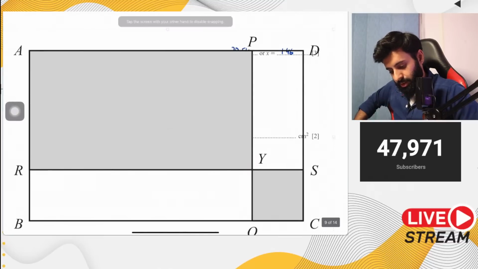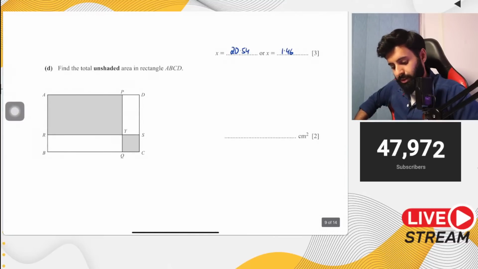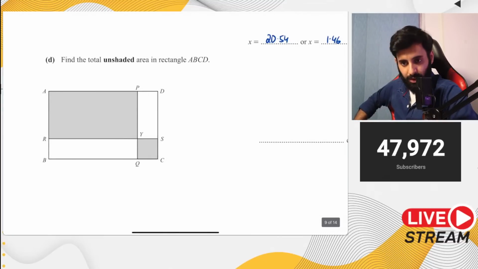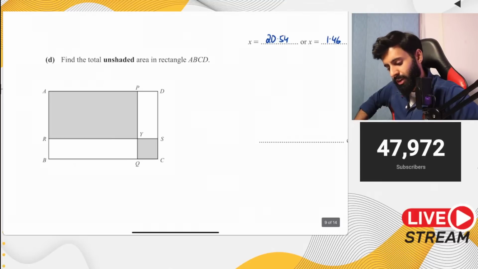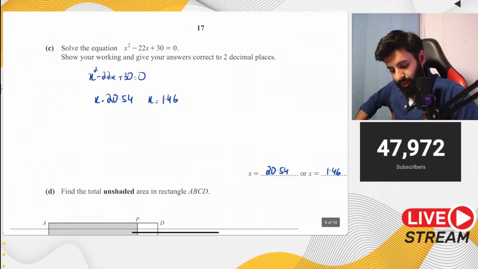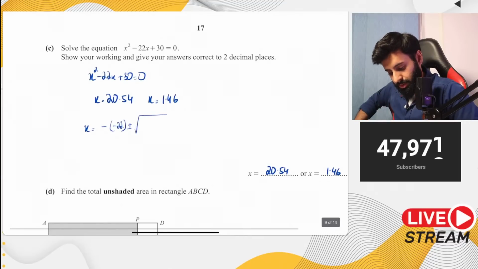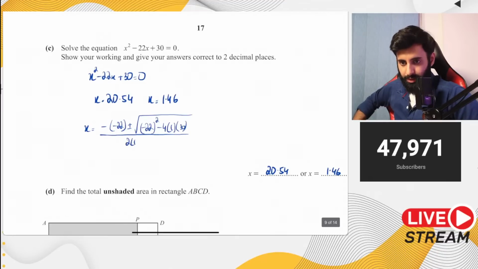Now either you can find out the area of the unshaded region and add it up. Okay. We will do the working, of course we will do the working. I just didn't do it to save some time. Minus 22 plus minus square root of b square, which means minus 22 square minus 4 into 1 into c divided by 2 into 1. Okay, and then you can write down your final answer.